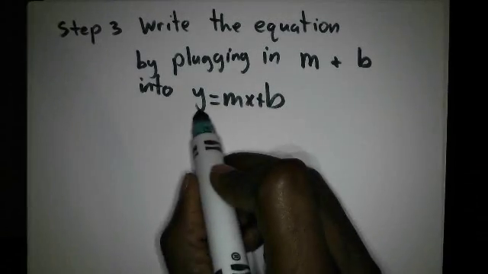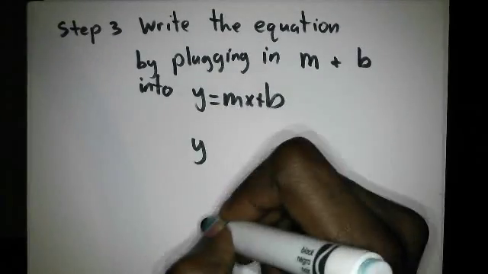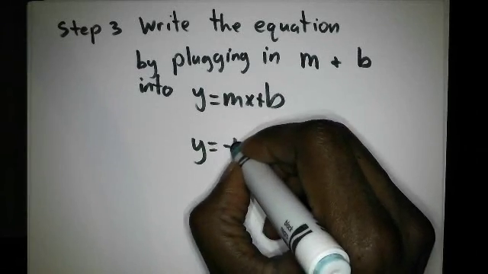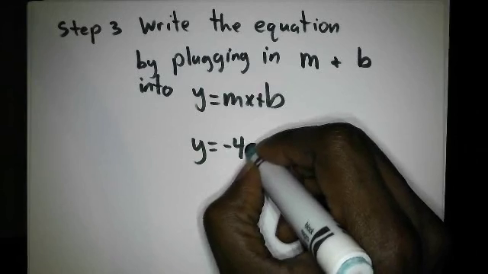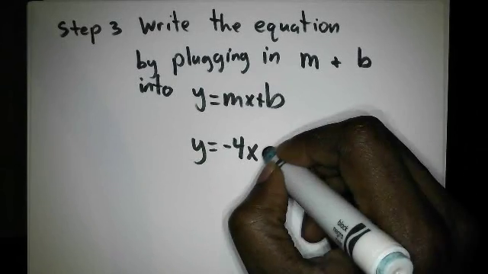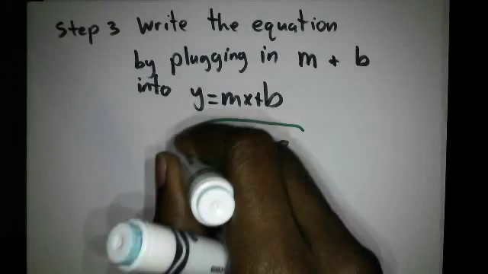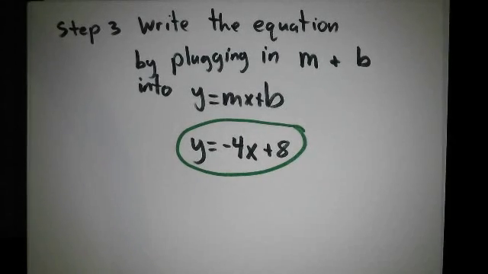So let's go ahead and do that. Y, we keep it the same. It's just y equals, we're going to plug in m. And remember, m is -4 times x. Alright, and b is +8. And there you have it. Y equals mx plus b. Y equals -4x plus 8.